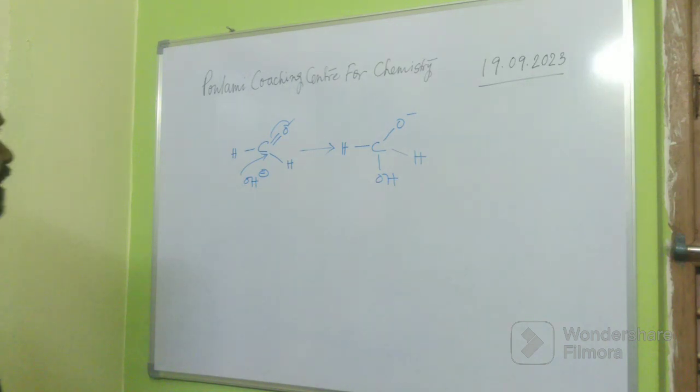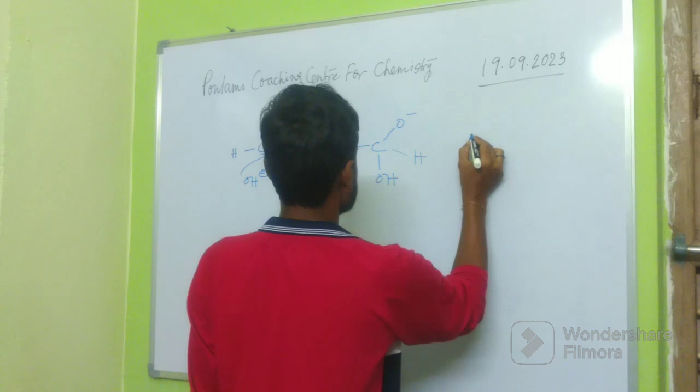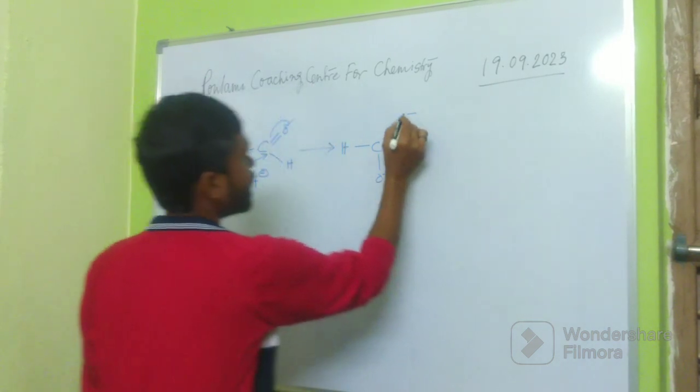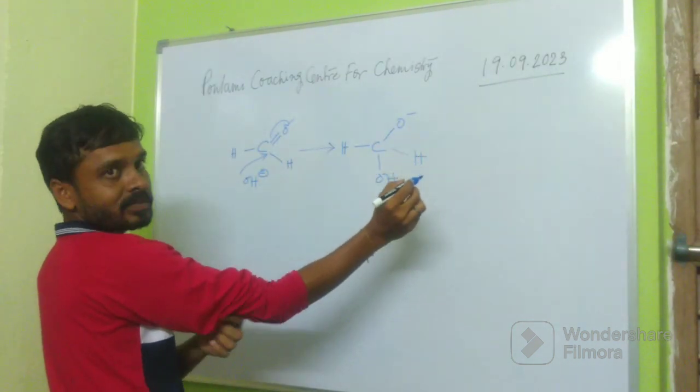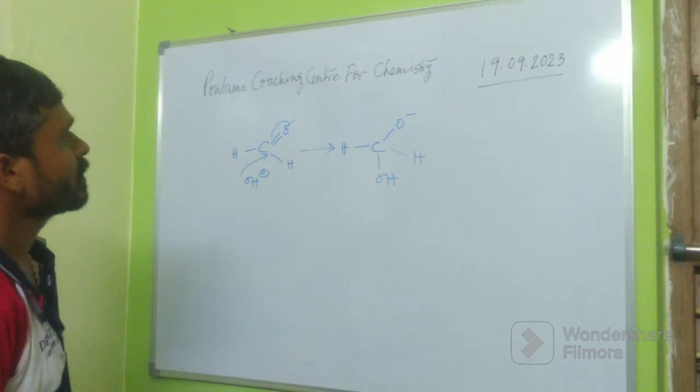Then with another mole of formaldehyde, another OH minus takes the proton from here, and that will form the dianion.